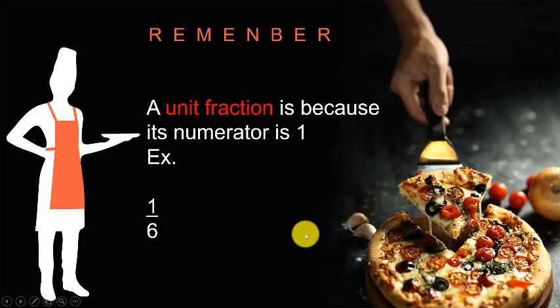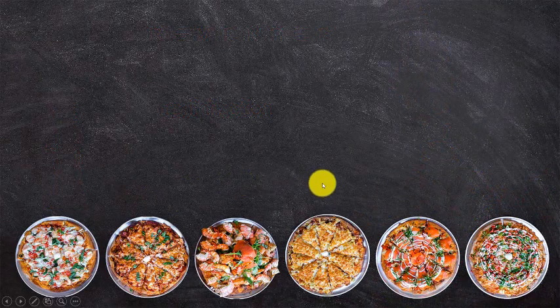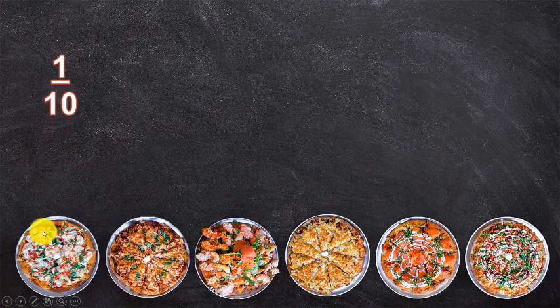That's it. Remember, a unit fraction is a fraction whose numerator is 1. For example, 1/6. Let's have an example. If all this pizza that I have here is divided into 10 parts, and I only take one slice of pizza, I have 1/10. If I take 3 slices, I have 3/10.